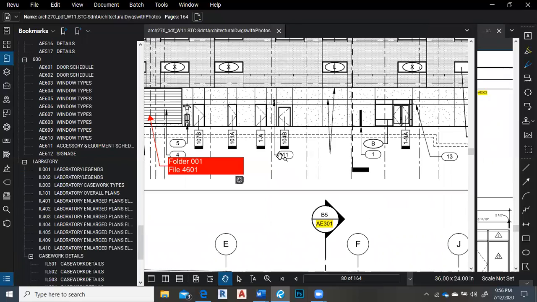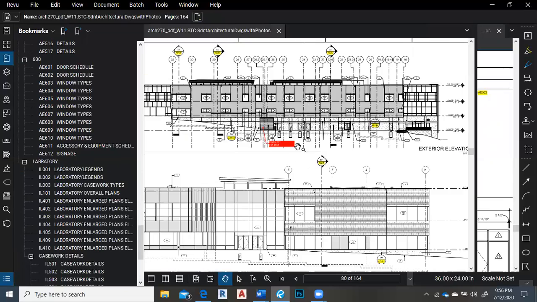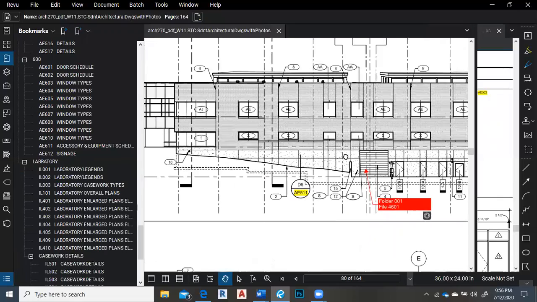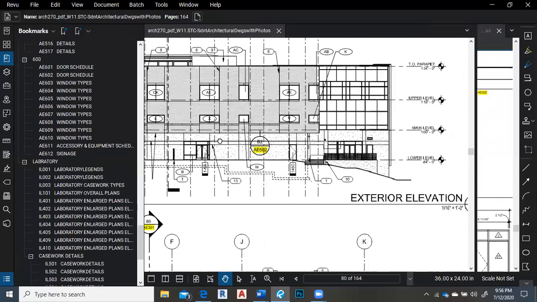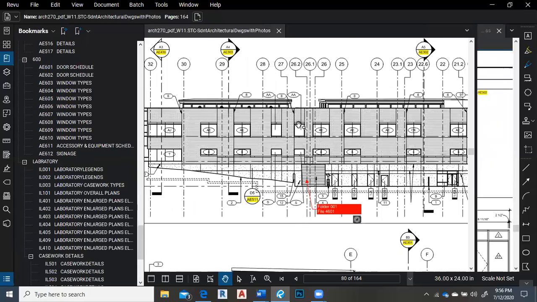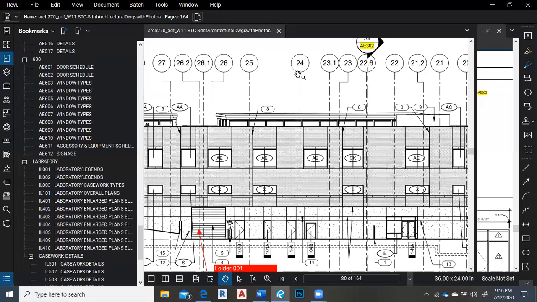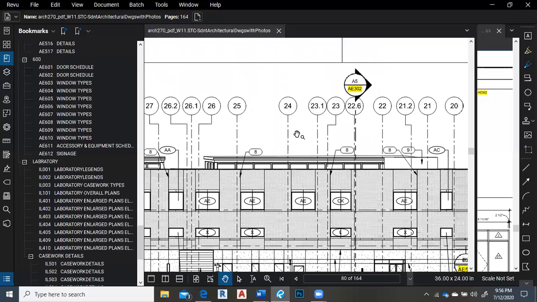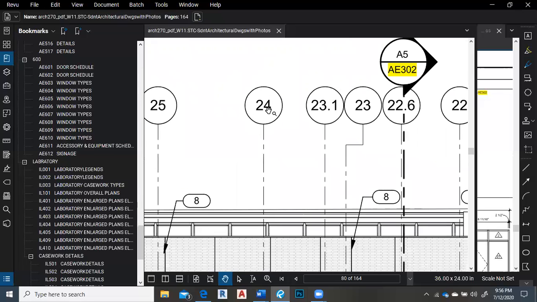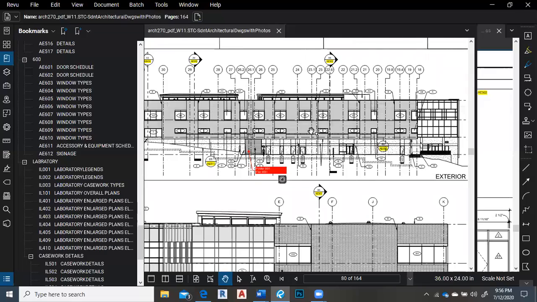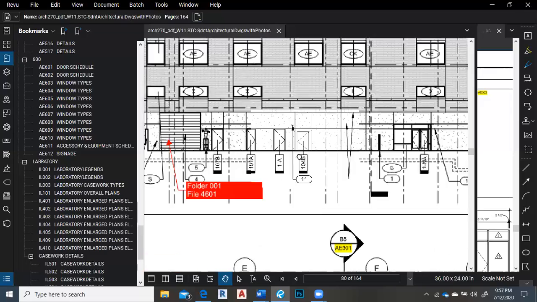Like, let's say you wanted keynote 11, but what if there were more 11s on this exterior elevation? Then you would have to say, okay, I'm talking about keynote 11 in between 24 and 23.1. And then they'll be able to find what you're talking about really fast.